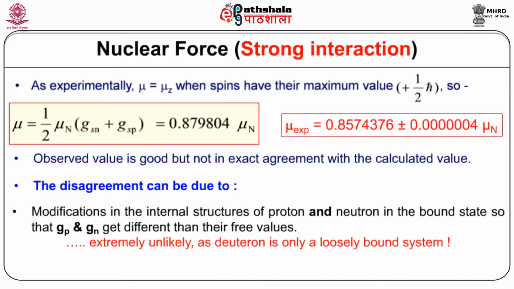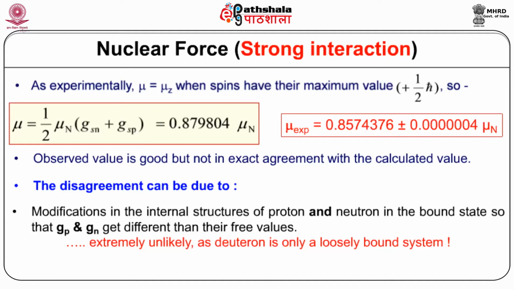So one of the important points in the disagreement can be that the Gp and Gn that we used in calculating the value of mu are different than their free values, because in the calculation we have used their free values, which are the maximum ones, but when the nucleons are in the nuclear environment, they are not free, and so the Gn and Gs values will be different than their free values.